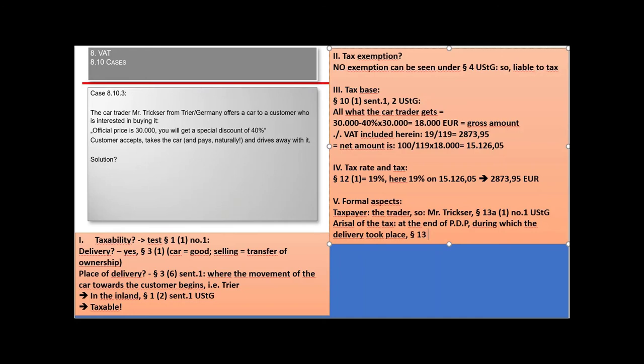Here no dates are given, so we can't specify that. Invoice details: normal details, nothing else, 14 USTG. Declaration duties, nothing special.